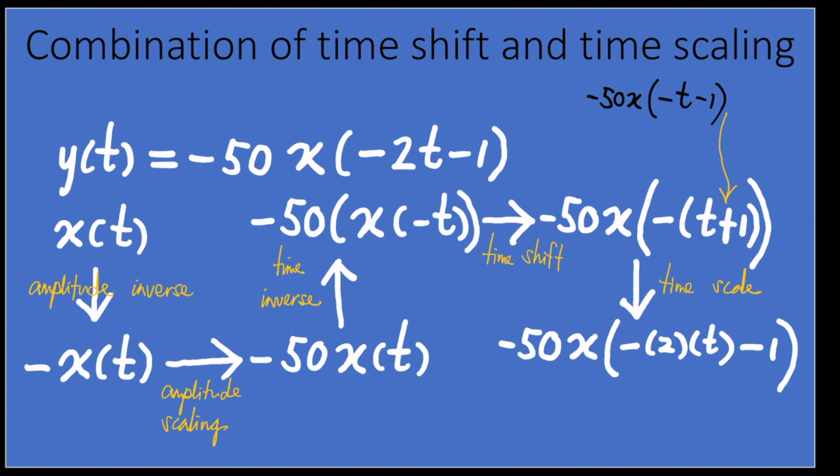And then we apply the same time scaling operation with a factor of 2 to get minus 50 x(minus 2t minus 1).